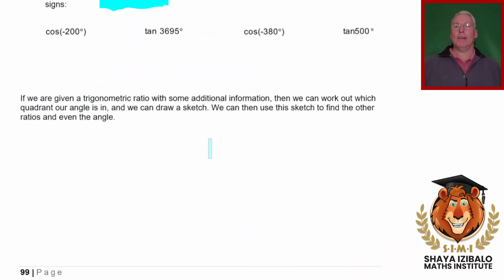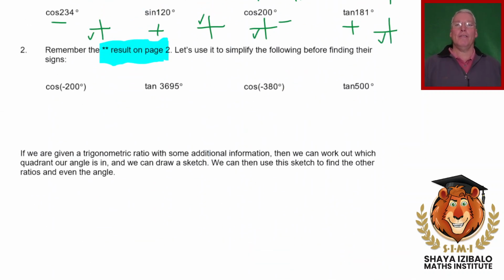So now let's have a look at these questions. Cos of minus 200, we want to think about where minus 200 is. There's two ways of doing this. We could think, if we went negative 90, negative 180, that's negative 200, we will actually be in quadrant 2. But another way, without changing anything, is to add 360.